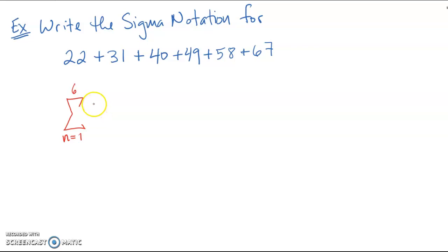So now we have to figure out what's the formula of this sequence. Either it's got to be something really obvious or something we know. If you look at this pattern, 22, 31, 40, 49, 58, and 67, the pattern is that it's adding 9, but that's where kids make mistakes. They'll start to write 9n or something like that. No, no, no. Yes, 9 is an important part of the pattern, but you have to make the connection that this is arithmetic.